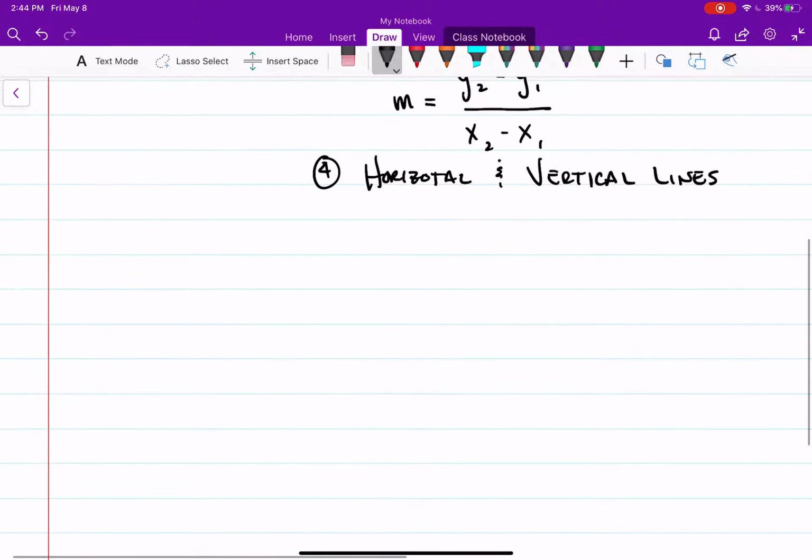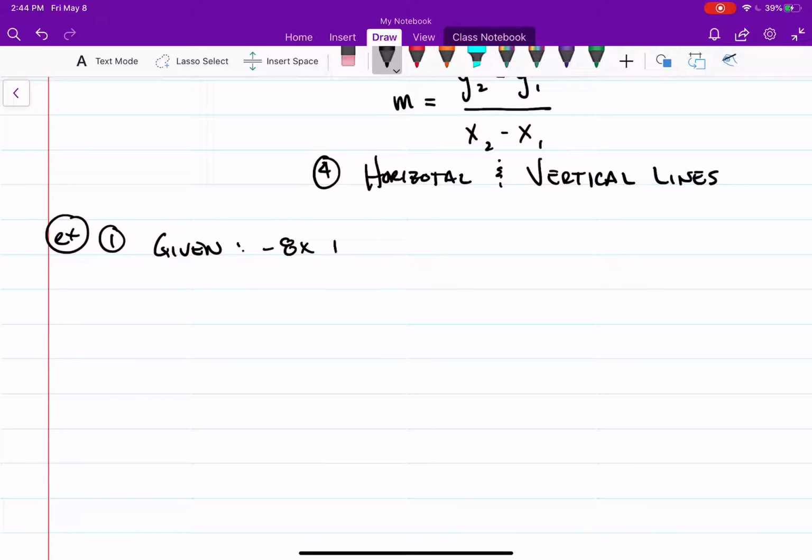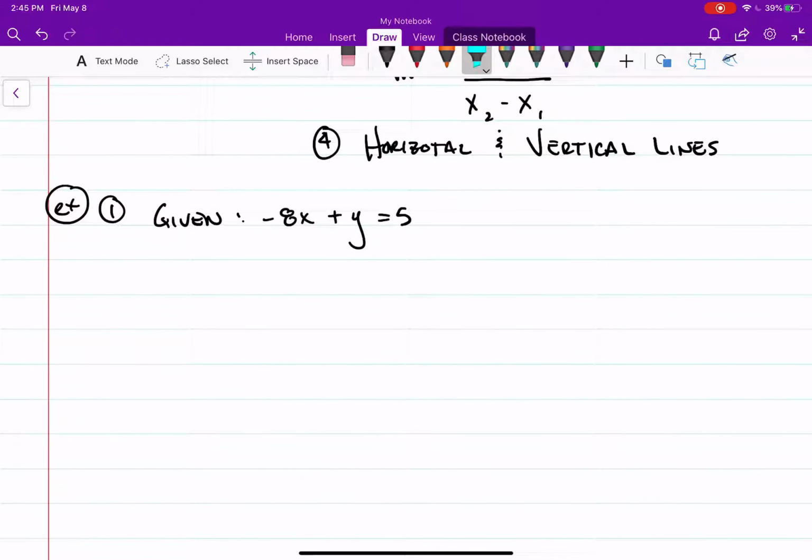So choice 1 here is solving for y. Let's say I'm given negative 8x plus y equals 5. And it wants me to find the slope, then I know that I have to get y by itself, okay? So, therefore, I get y is equal to 8x plus 5.